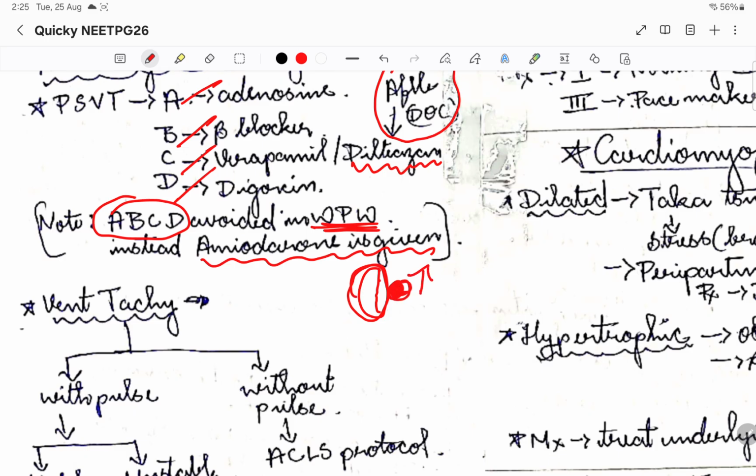The bundle of Kent itself was the problem. If I give ABCD, that bundle of Kent will gain more power. Because the normal working circuit is being affected, we avoid ABCD and give amiodarone. Amiodarone works in WPW syndrome.